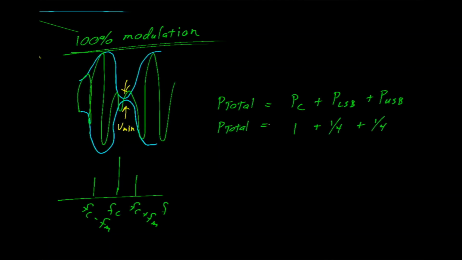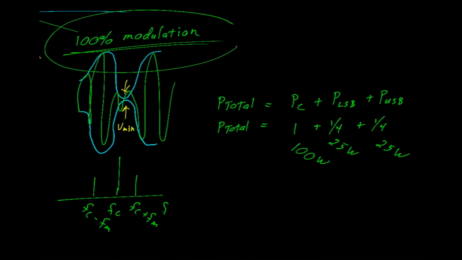So if this was 100 watts, you can expect a quarter of that, or 25 watts, to exist in the upper sideband, and 25 watts to exist in the lower sideband. This is only true when that transmitter is 100% modulated.